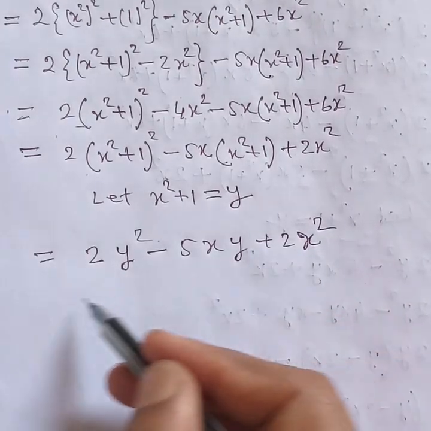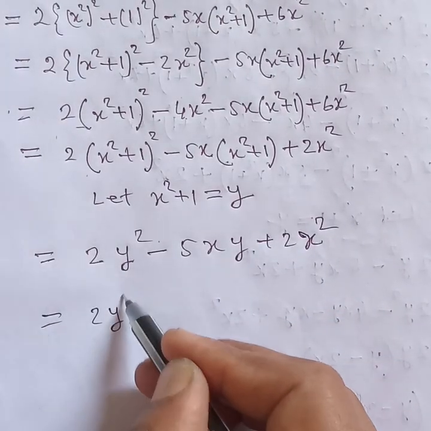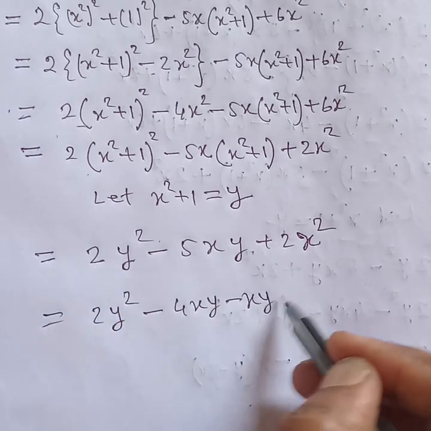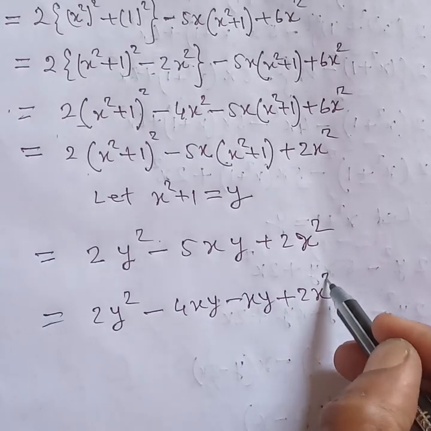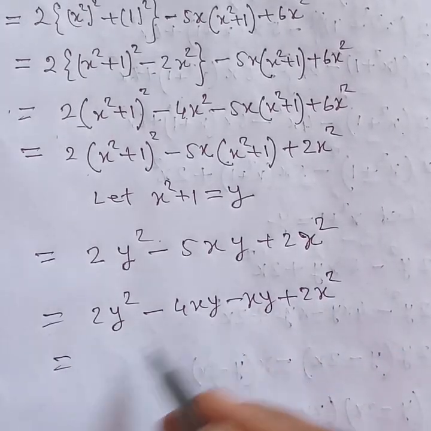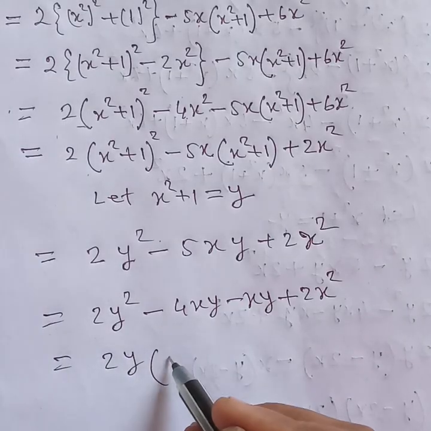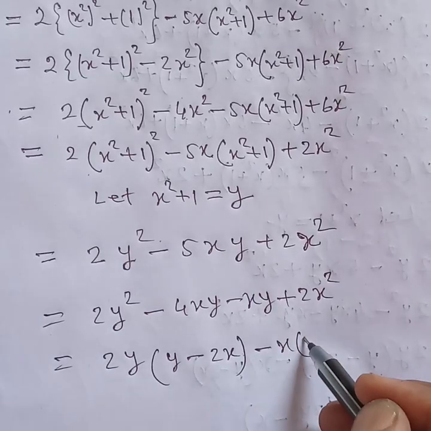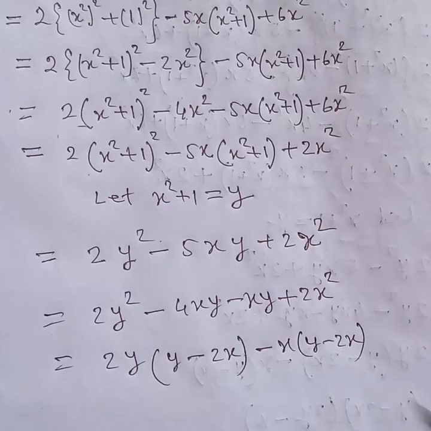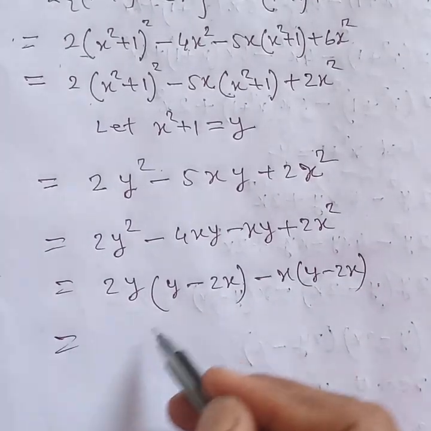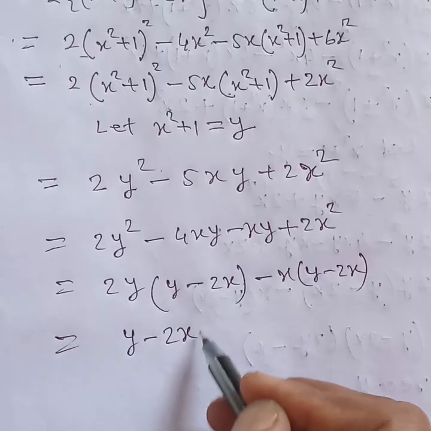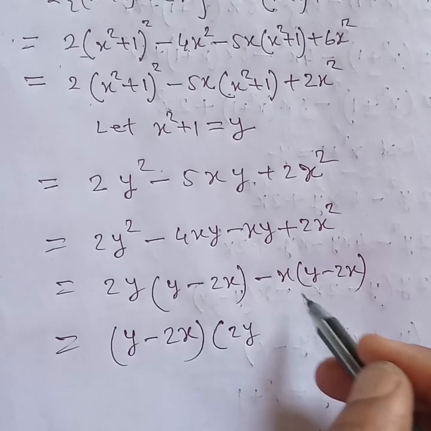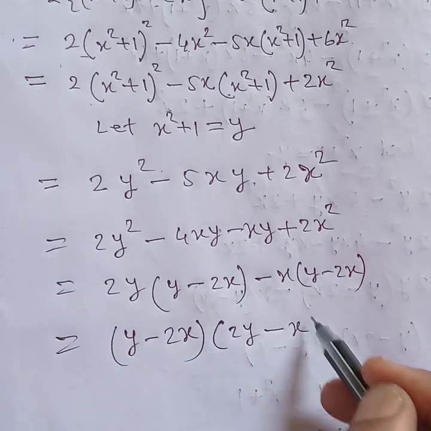Now factorizing these, we get twice y square minus 4xy minus xy plus 2x square, is equal to 2y common, then it will be y minus 2x, minus x common, y minus 2x. From these two terms y minus 2x is common, then this divided by this is 2y, this divided by this is minus x.